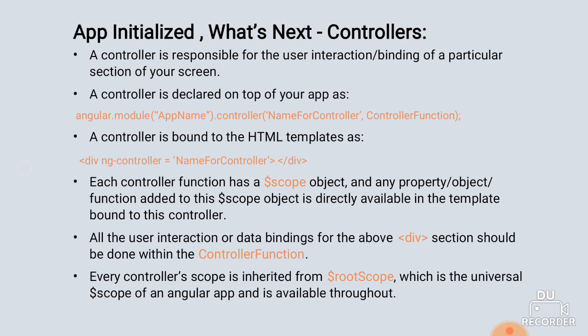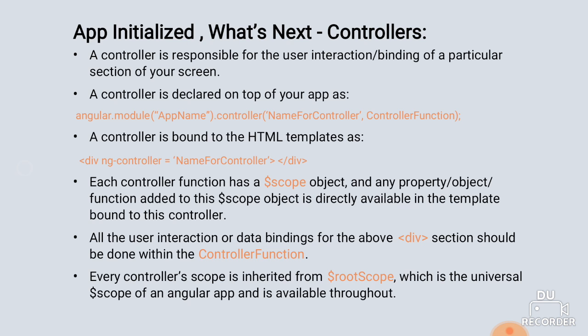Wherever you club this controller, that part of the screen gets governed by this particular controller. The logic written inside this controller will govern only that part of the screen. For example, in this case, only this div and anything that comes inside this div will be controlled by the controller function.